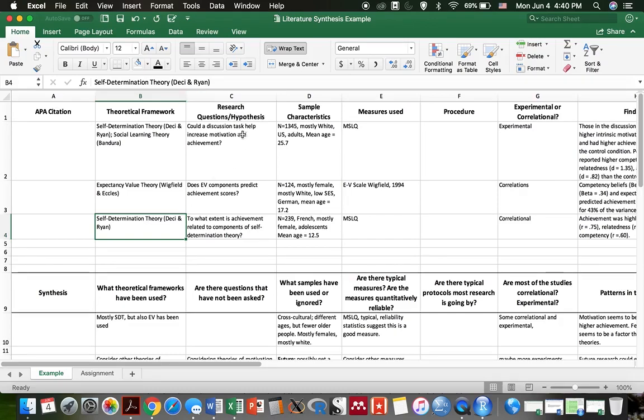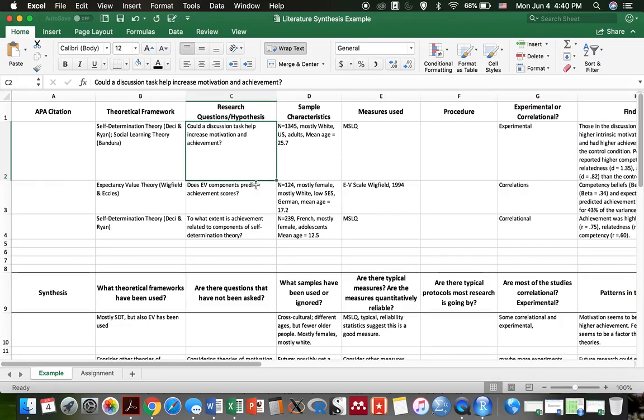Okay, and then their research questions and hypotheses should be pretty clear. It'll come before the methods, pretty close to the beginning of the methods, but it will be in the literature review right at the end. So it'll talk about the research question. It should pose hypotheses. It might not. It may just talk about a question, or it may just mention hypotheses.